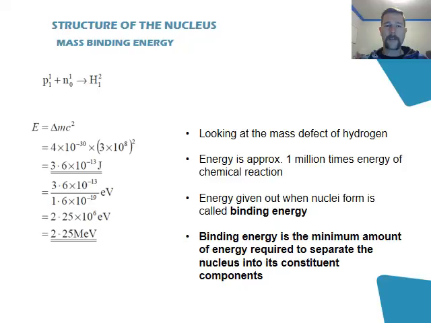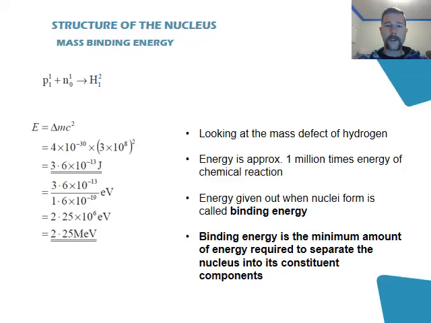When we discuss mass defect energy, we're talking about the individual components of a nucleus forming together to form that nucleus, and the mass being less when that nucleus is formed. The mass binding energy is when we have a nucleus and the individual components are split, and we actually get a gain in mass.